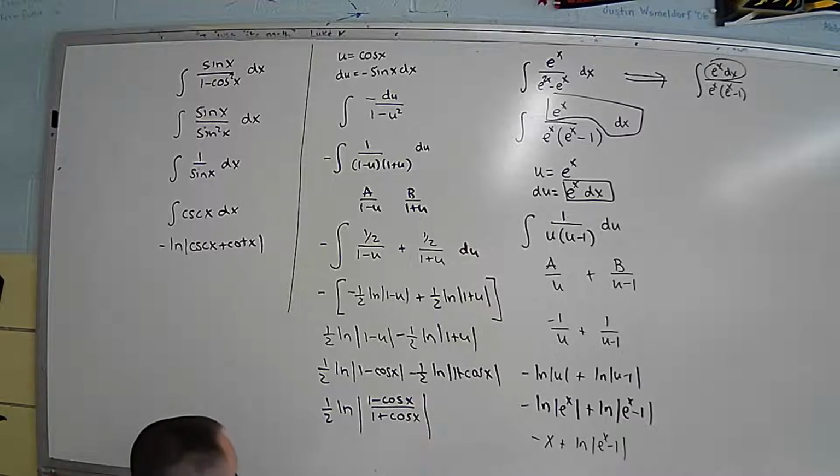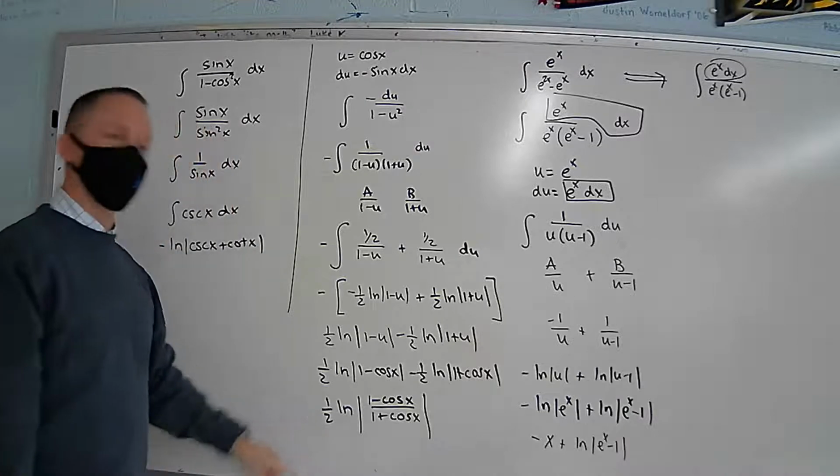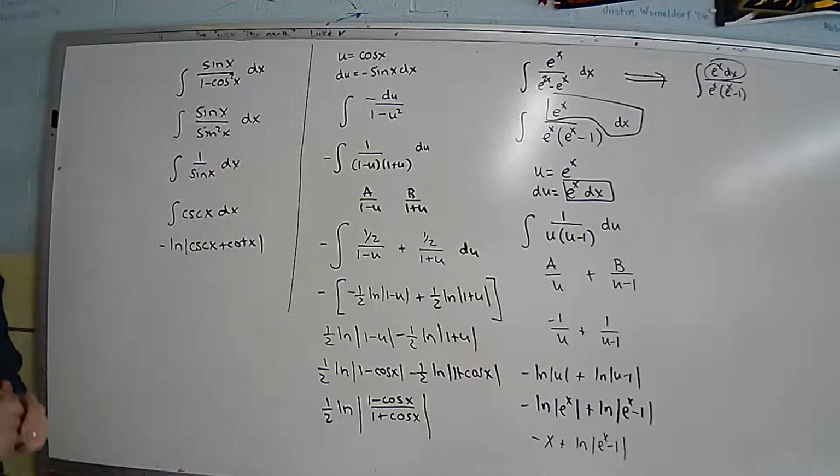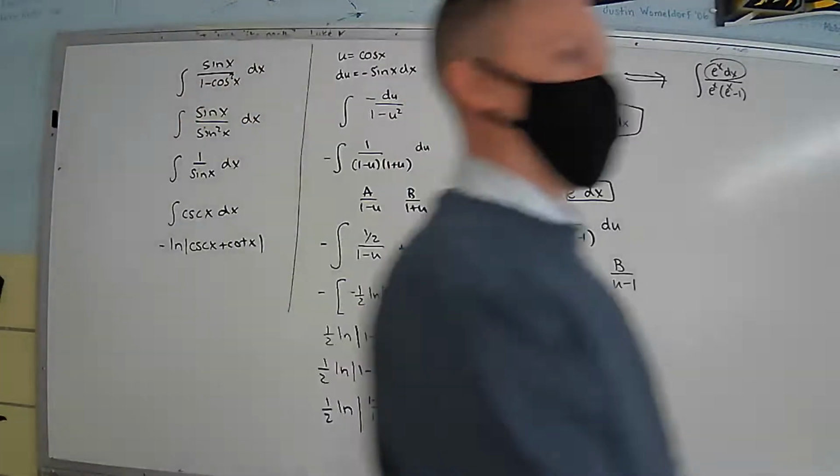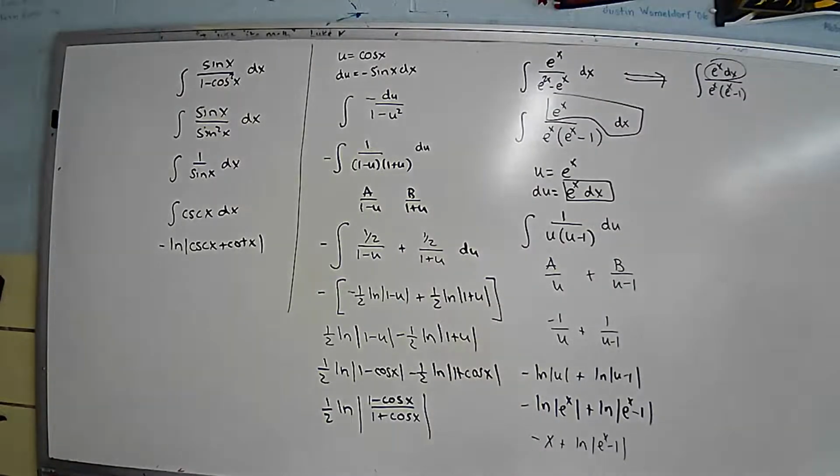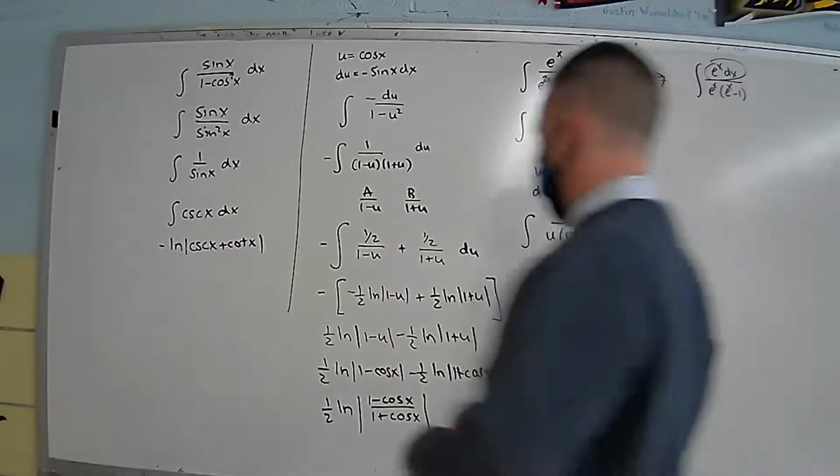And then I would go from there. One half is kind of bothersome, but it's going to come out in the wash though. What's that 1/2 mean when it's out in front of the radical? Like to the power. So really, this is the same thing as this.